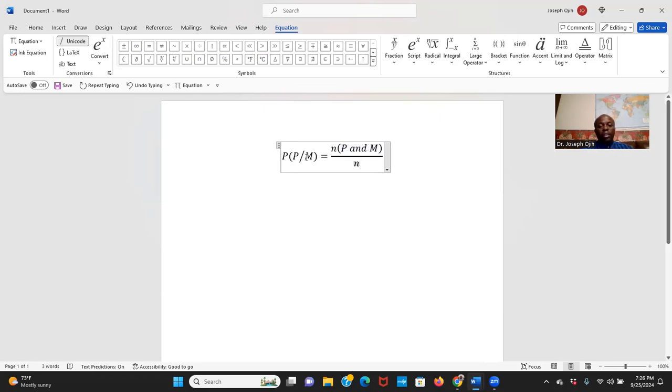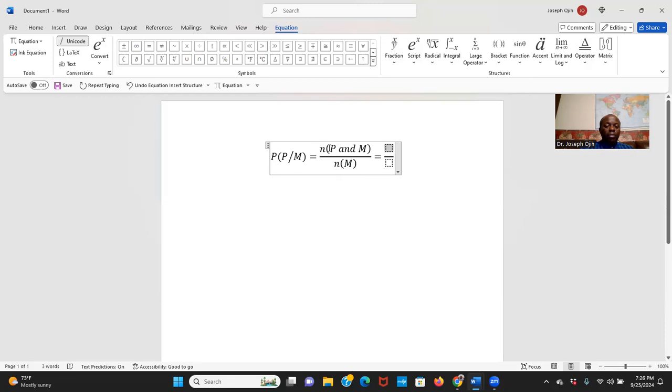The condition here is that they use marijuana, so you're going to have M. This will give us the answer we're looking for: positive and marijuana divided by marijuana use.